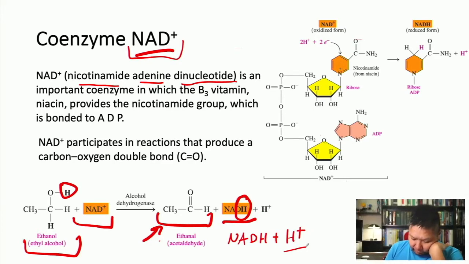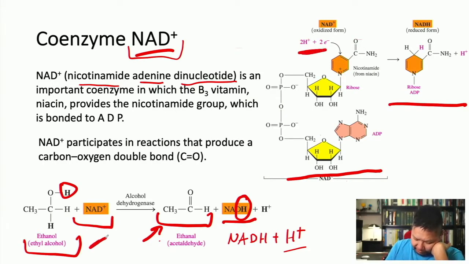Here are those structures. You don't need to know them outright, but here's an NAD plus, and here is the NADH, and that hydrogen that it got when it oxidized ethanol in this reaction goes right here on the very top of NADH, plus a hydrogen right there.